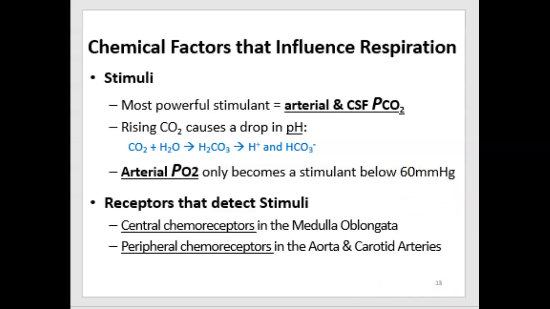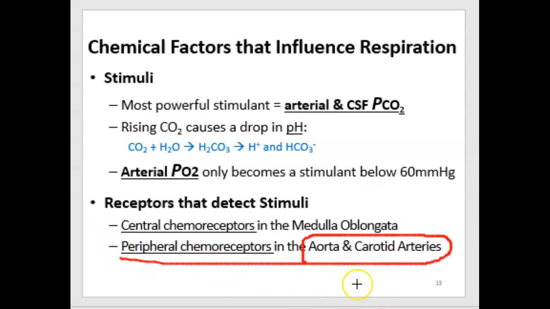So the receptors, as I mentioned, that can detect the levels of CO2, hydrogen ions, and oxygen are located in the aortic and carotid arteries, and they're called aortic bodies and carotid bodies. These are technically peripheral chemoreceptors. They're out in the periphery of the body versus in the brain.